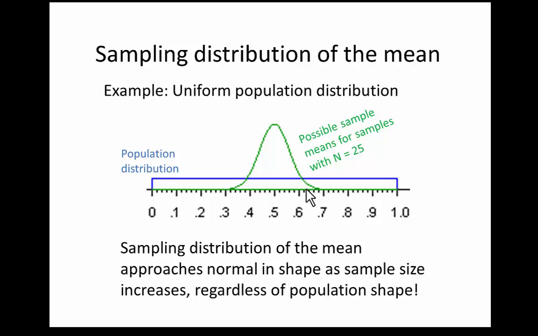Okay, now the farther the population distribution is from normal, the larger the sample would need to be for the sampling distribution to be close enough to normal that we can use the normal distribution to find probabilities. A key point is that with careful planning, the sampling distribution of the mean can be close enough to normal that we're able to compute probabilities from the normal or related distributions with a great deal of accuracy.